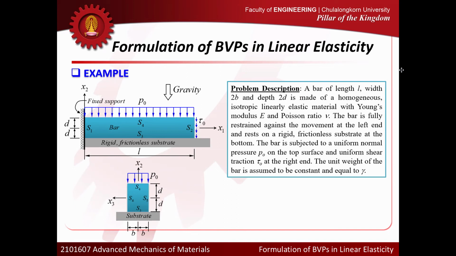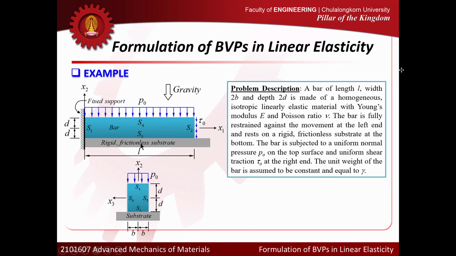At the bottom here, let's say we have a rigid substrate. Rigid means this one cannot deform, and it's frictionless. The body that I am interested in just rests on this rigid substrate, and the surface here is frictionless.